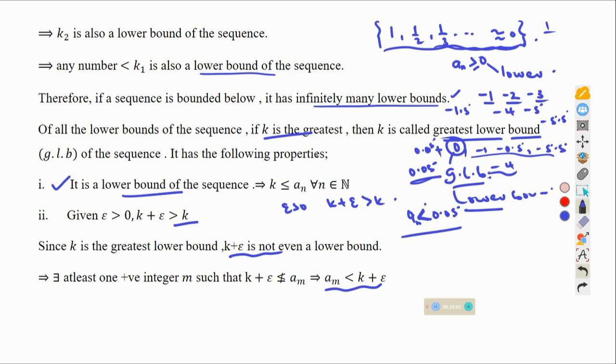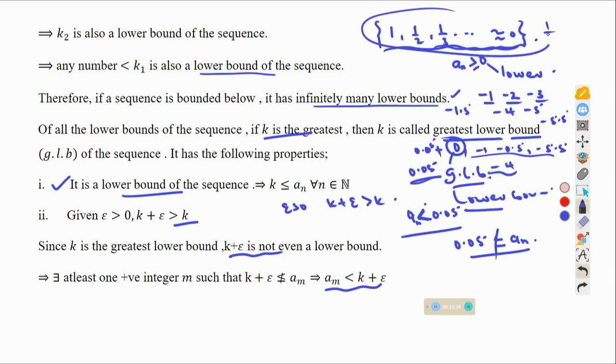But remember, for the lower bound, 0.05 should be less or equal to all the terms. But because you have added there, this one will not be true, because you will have some terms which will not satisfy this given condition.